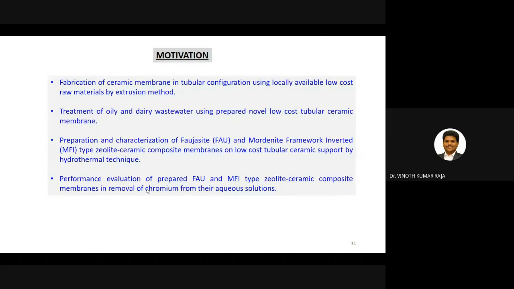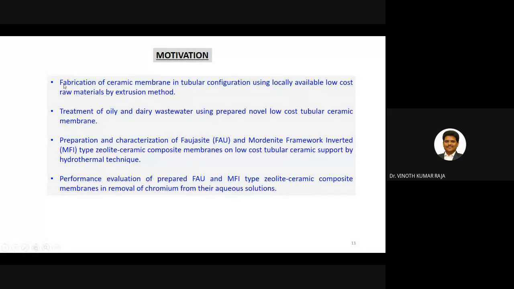Our motivations are the fabrication of ceramic membrane in tubular configuration, which is highly required for industrial purposes, using locally available low-cost material by the extrusion technique, which is a simple and cost-effective technique for tubular membrane formation.